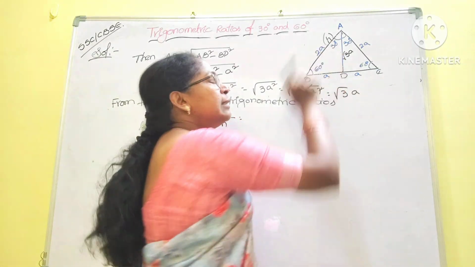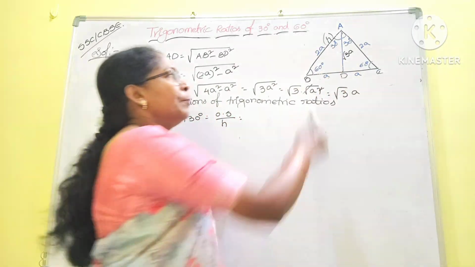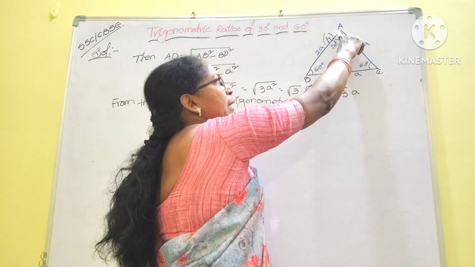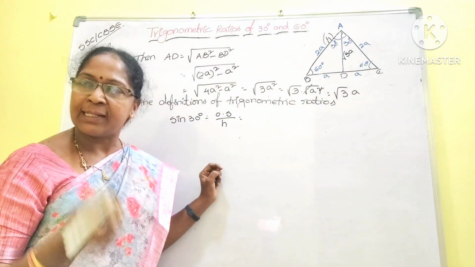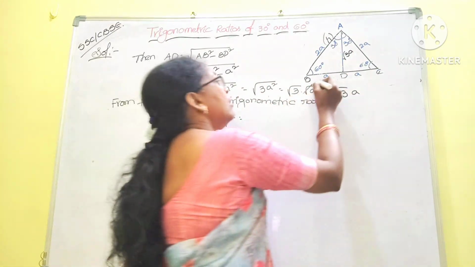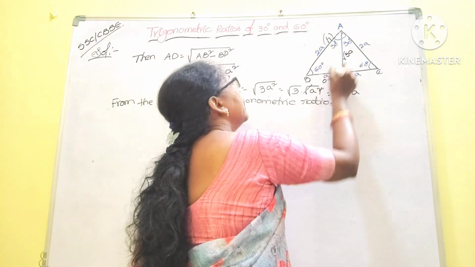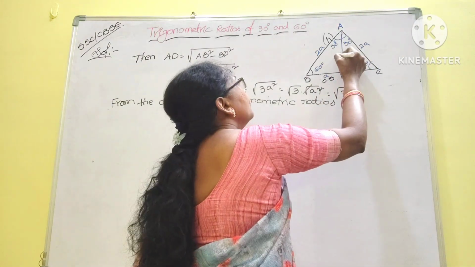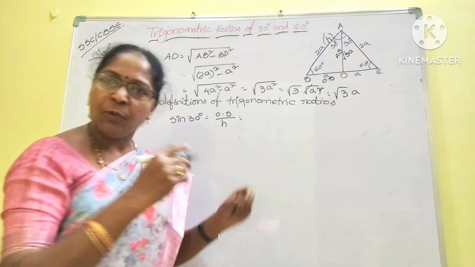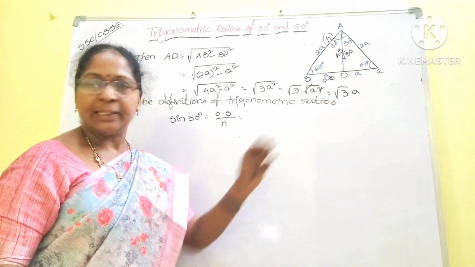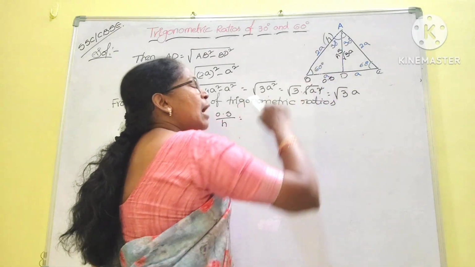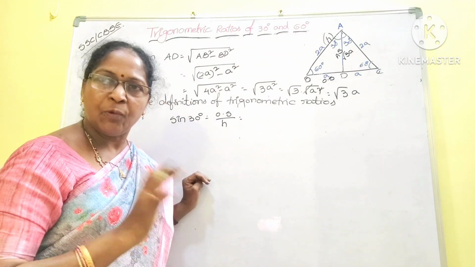Whenever you are considering 30 degrees as the reference angle, the side opposite this angle you have to consider as the opposite side, and this other side will become the adjacent side. These two will interchange according to the reference angle, and the hypotenuse is always the same, it won't change.